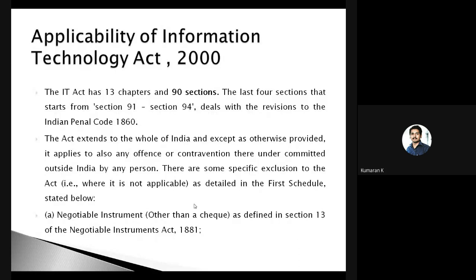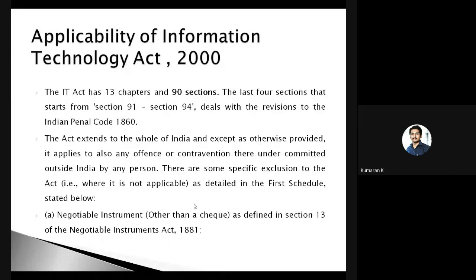The next, Arun Kumar. What are the exclusions available in the applicability of the Information Technology Act? We saw many exclusions. These are all the basic exclusions of the applicability of the Information Technology Act. What is the first exclusion of the act?